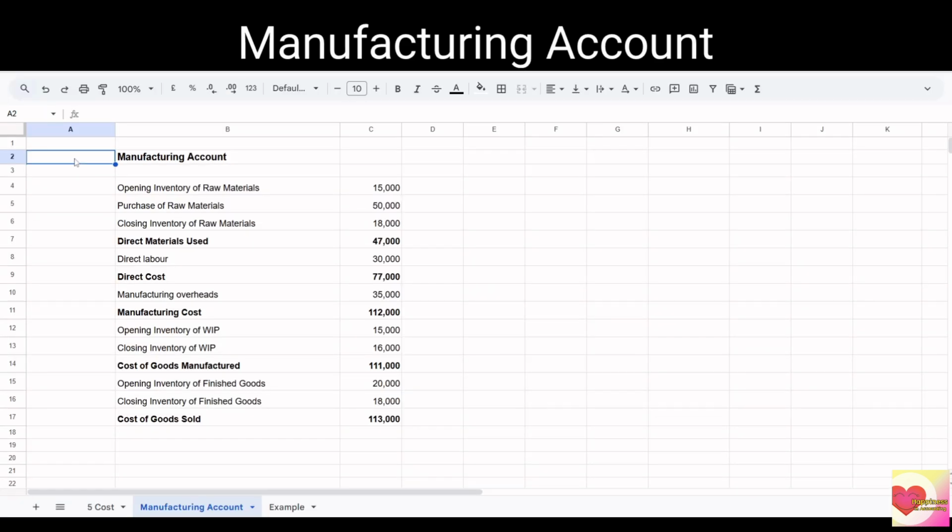Now let's take a look at our example manufacturing account. We can see here the 5 stages or sections of the manufacturing account, which consist of these costs that I have just explained earlier. The direct materials are needed to get the direct materials used.